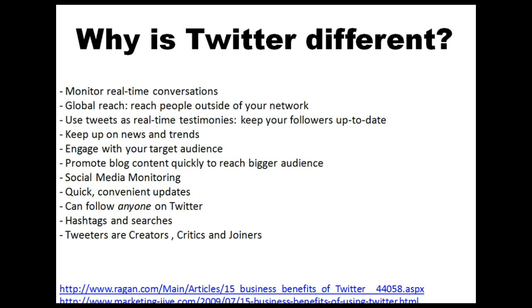It has a global reach, it can reach people outside of your network, whereas on Facebook you can just find your friends and rely on your friends to share your posts. On Twitter you can search, which is what we're doing in this assignment, for contributors who like to talk about and participate in the same things that you are trying to reach in your community.